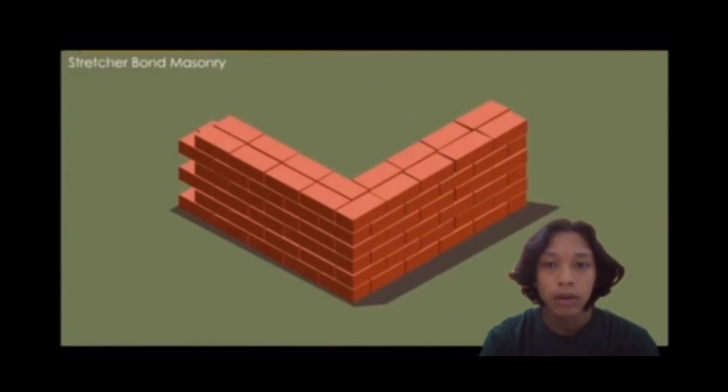In this bond, the overlap is kept equal to 1/2 width of the brick. For this purpose, 3/4 bricks are used in alternate courses as closers. Disadvantage of stretcher bond: it cannot be used in full width thick brick walls as they are suitable only for half brick thick walls such as partition walls.